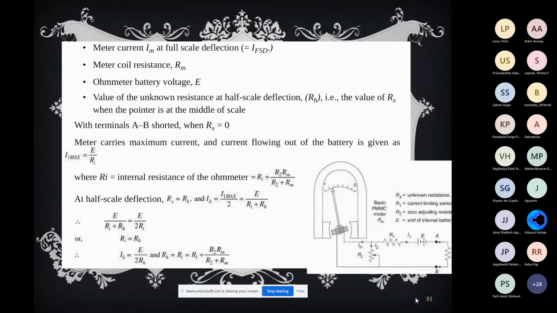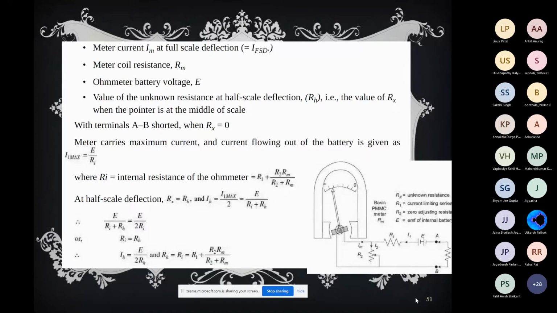When the internal equivalent resistance is the same as the external or unknown resistance, then you will get the half scale deflection. This is the takeaway: you get the half scale deflection when the internal resistance of the meter is the same as the unknown external resistance.